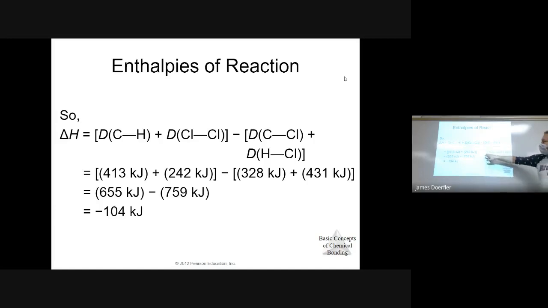Carbon to chlorine is listed as 328 kilojoules. Hydrogen to chlorine, 431 kilojoules. Sum them up. And then it's just a little bit of math. 655 kilojoules minus 759 kilojoules, we get an overall enthalpy of the reaction of negative 104 kilojoules.